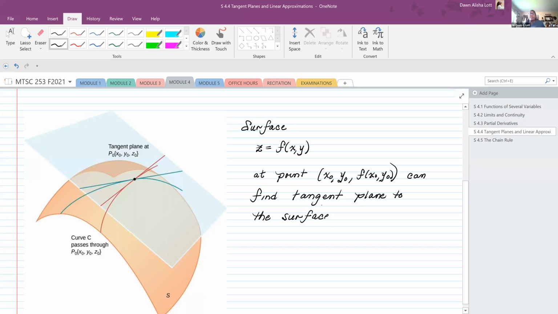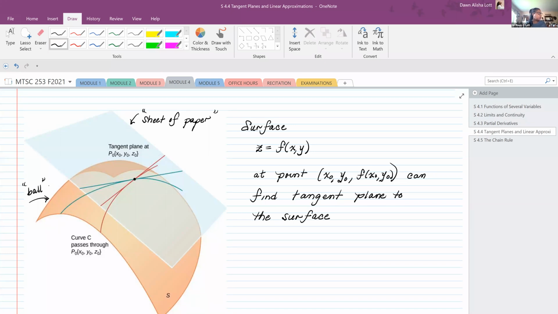Just like we could find the tangent line to a curve, we can find a tangent plane to a surface. So again, think of this as a sheet of paper, and think of this as a ball. It's a surface, and it's only going to touch that paper in one specific point.